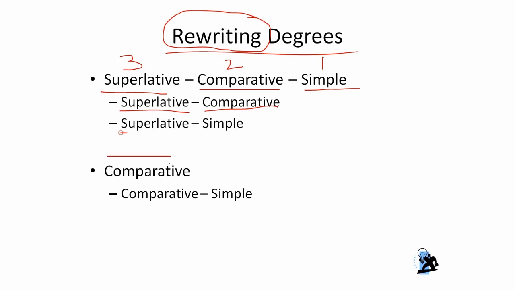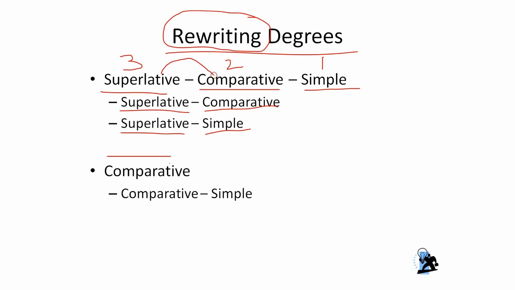Also, we can write the superlative degree sentence into a simple degree sentence without changing the meaning. If you remember this order of 3, 2, 1, it becomes easy to remember the possibilities of rewriting the degrees.